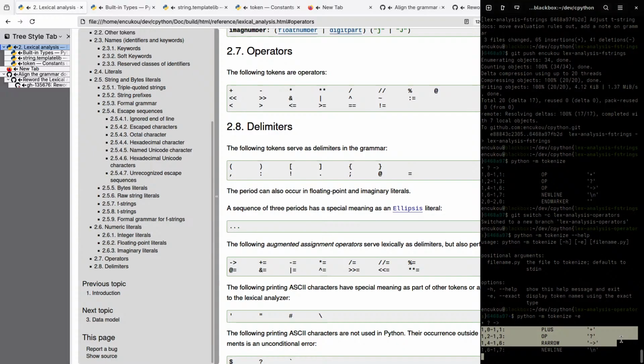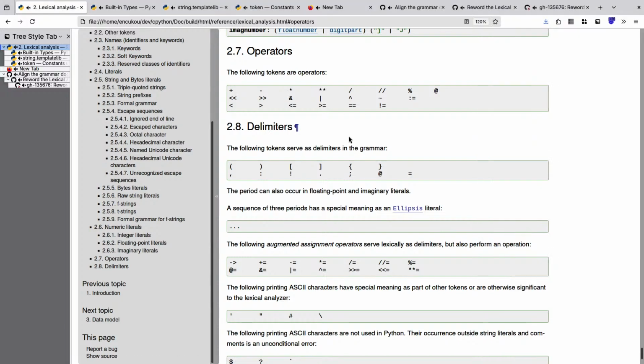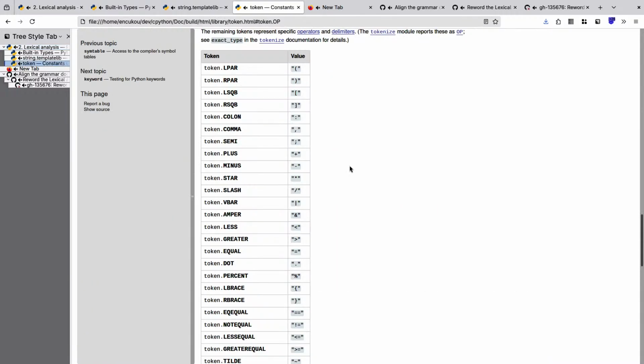I think it would be useful to add a link to the token, the actual... Would it be too long to have a full list or table of the names? Here, yeah. I don't think it would serve much purpose here, because the grammar always just puts the symbol in quotes. The grammar doesn't use these names.